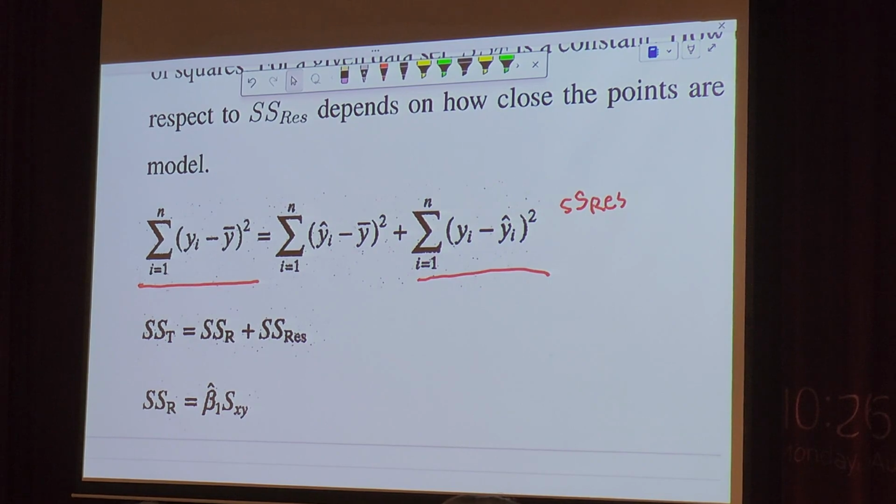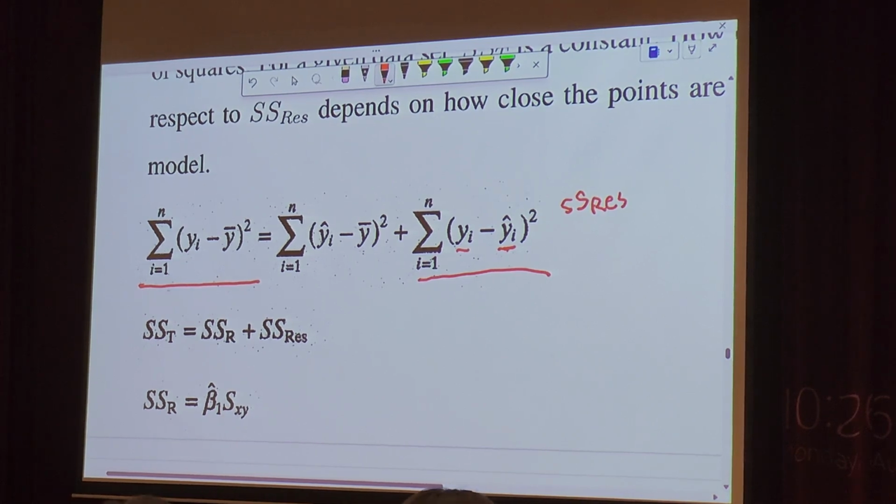Again, both are variances in some way. The one I've written on the right hand side is called the sum of squares of the residue. See, yi is the observed value, and this is the fitted value on the line. So the distance from the observed point to the line is the residue.